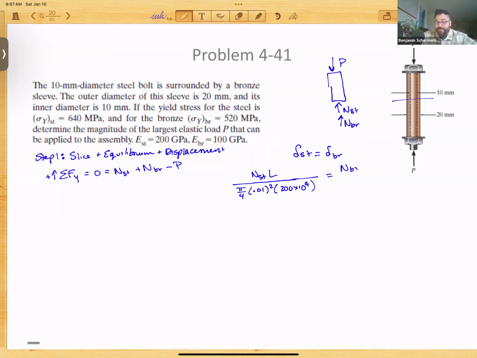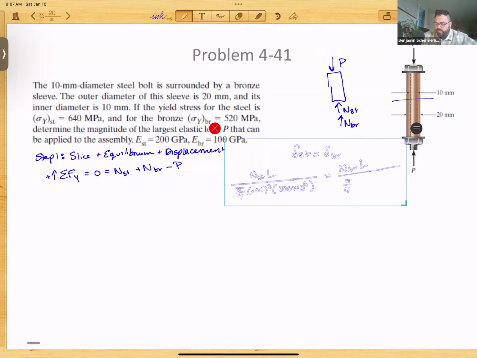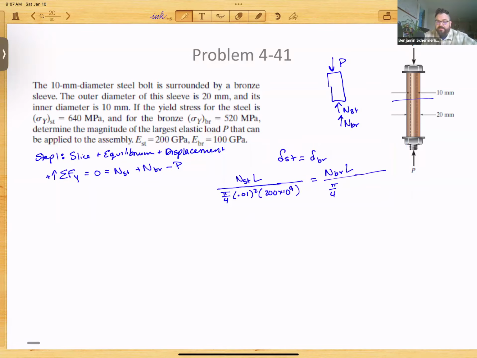So we have the normal force for the bronze times the length there. We've got the area for the bronze, which will be pi over 4. This is the tricky part for these problems, is that the area of the bronze is not going to use the diameter of the full 20 millimeters. So we actually have to look at the areas kind of subtracting each other out.